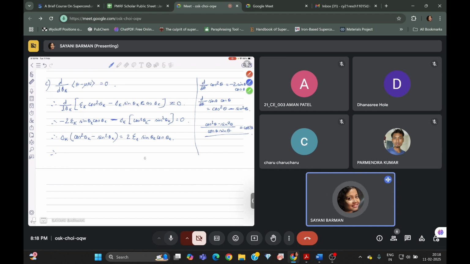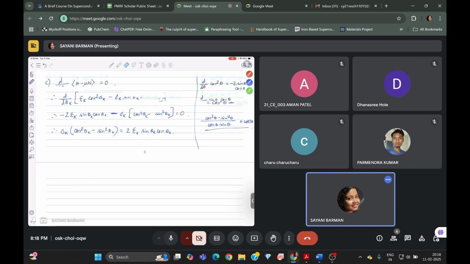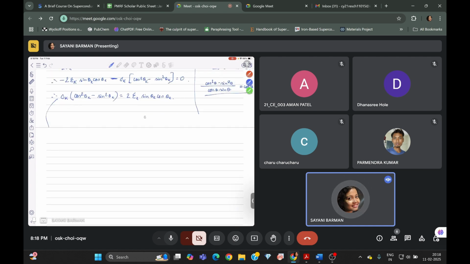Okay, so if we do that, it will be del k into cot 2 theta, or I'll just write it freshly from here, del k by 2 into cos square theta minus sine square theta divided by sine theta cos theta is equals to this.